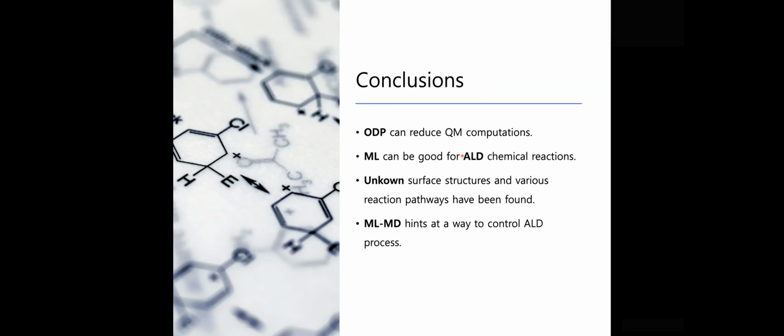We can use it for some other cases too. And by doing this, we found some unknown surface structures and new reaction paths. I have not talked about the details of the reaction pathways, but we located multiple different reaction pathways which weren't known before. Also, the dynamics we played with machine learning MD can probably give us a way to control ALD processes.